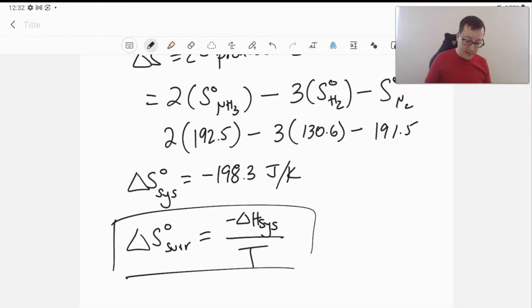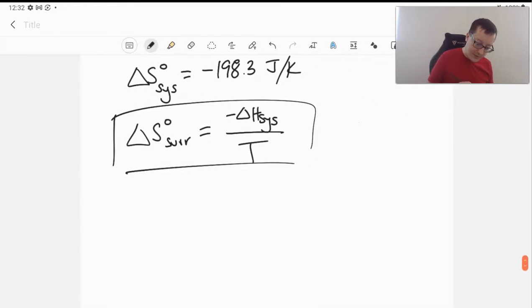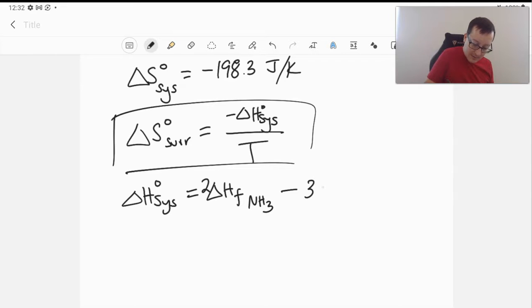And if we do this, we can calculate delta H of the system by looking at delta HFs, right? We can do the same thing for all of this. We can say delta HF of ammonia, 2 of those, minus 3 times the delta HF of hydrogen, which is 0, minus the delta HF of nitrogen, which is also 0.